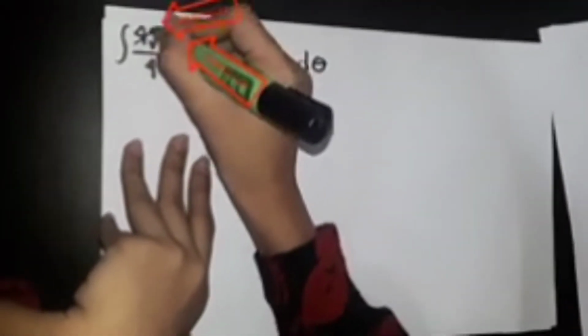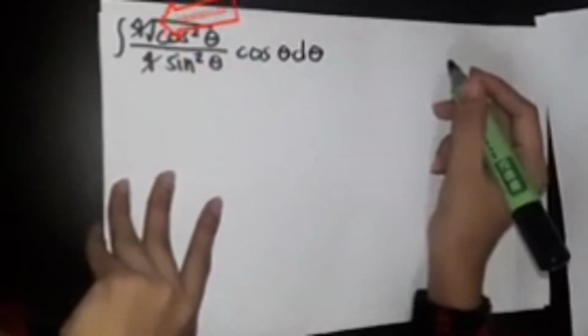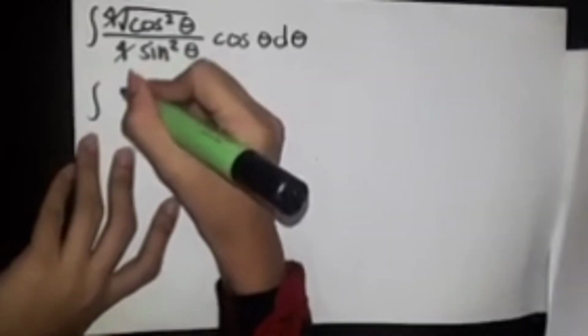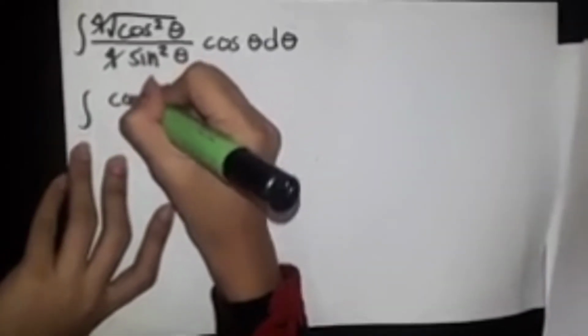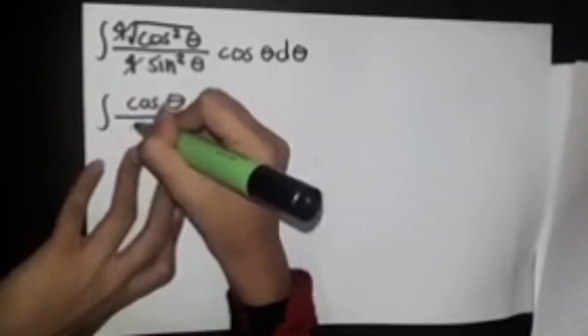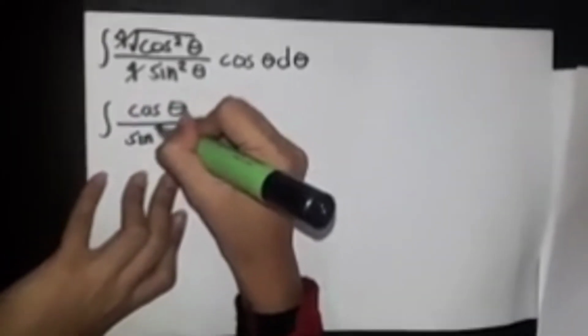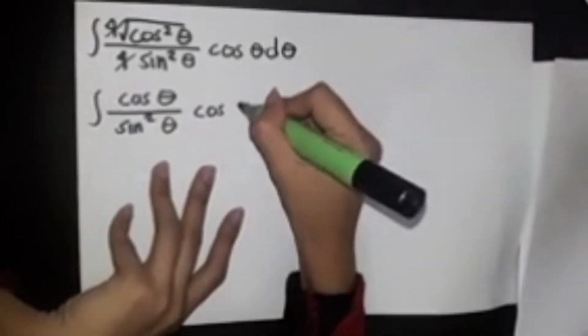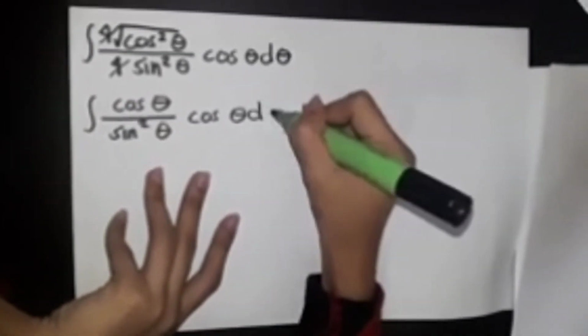So both 4 will be cancelled, and also the square root and the squared. Now, at this point, we can now take the square root of cos squared, which is the cos theta, over sine squared theta, and our dx is cos theta d theta.